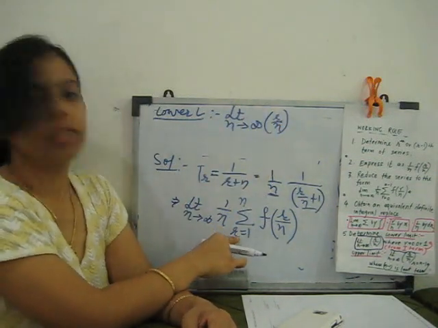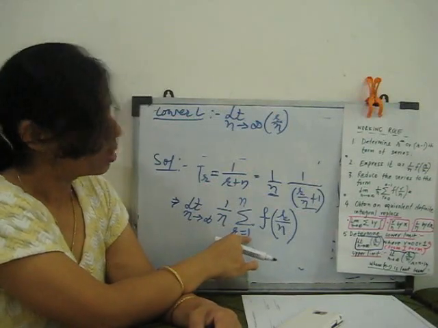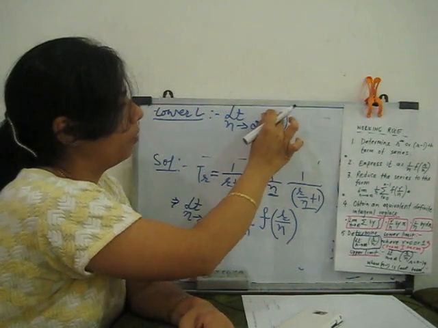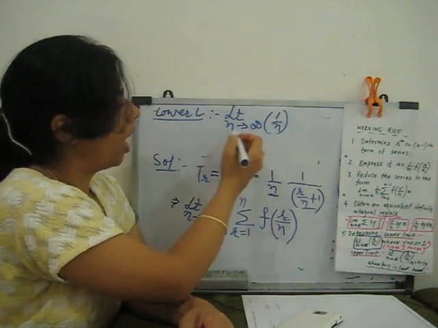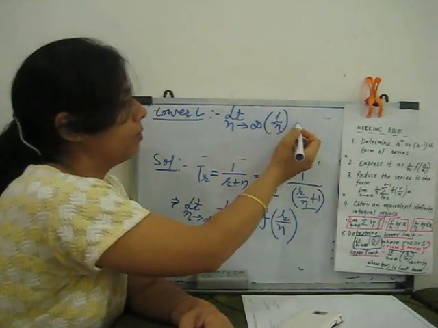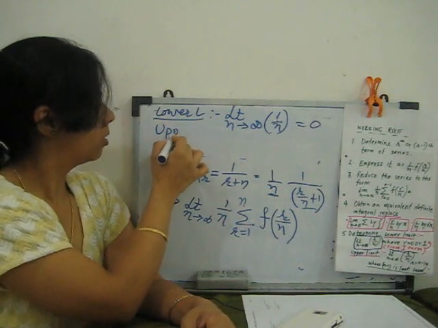For the first term, r is 1, so at the place of r we substitute 1. Now when we apply n tends to infinity, 1 by infinity means 0. So the lower limit is 0.